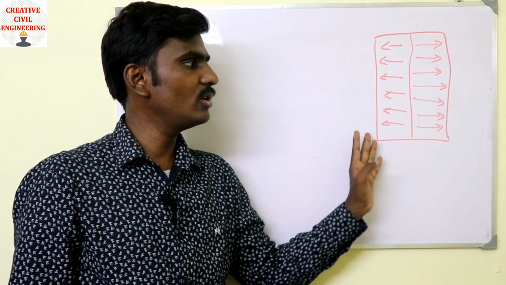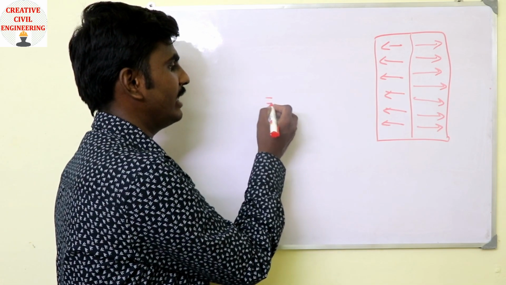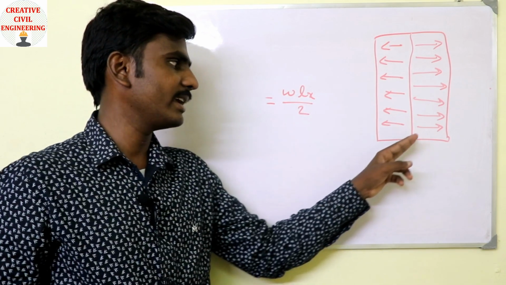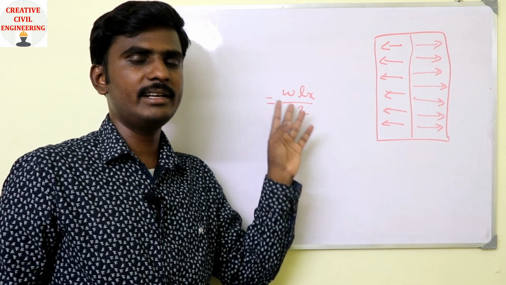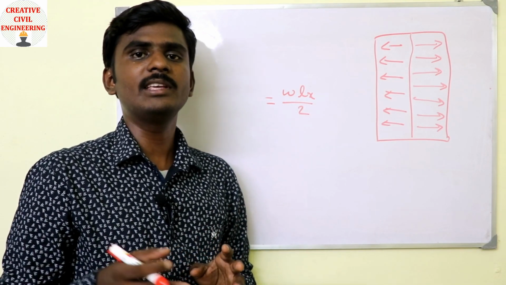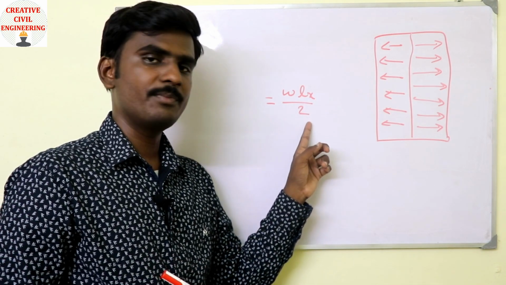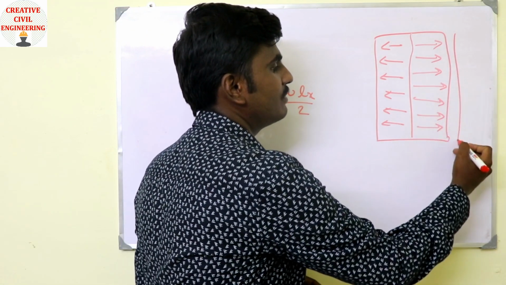So this is the load distribution pattern for one-way slab, and the formula for calculating the load is W Lx by 2, because we exactly divide the portion into two. As I already said, W means the entire weight acting on the slab, including the self weight of the slab. So by using the formula W Lx by 2, we can calculate the load acting on this beam as well as this beam.